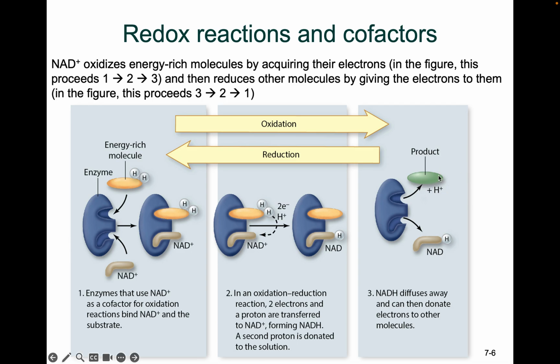So this product is gone with an H plus that we don't need, and then you have the NADH. That's how NADH is able to receive these electrons, because it can still use them to create energy. And we'll talk a lot about that.